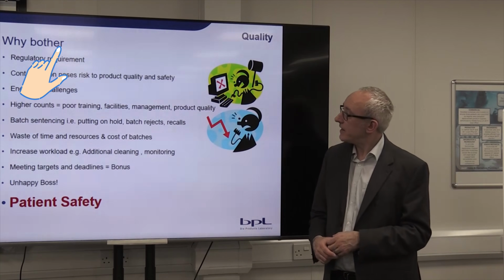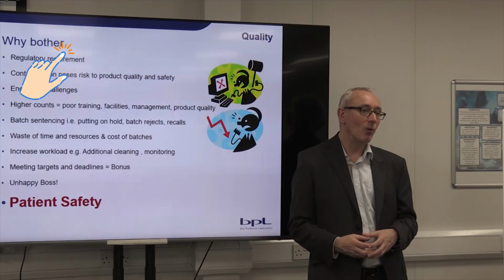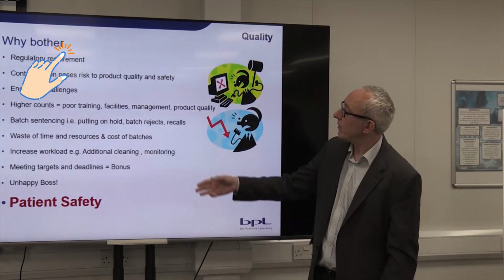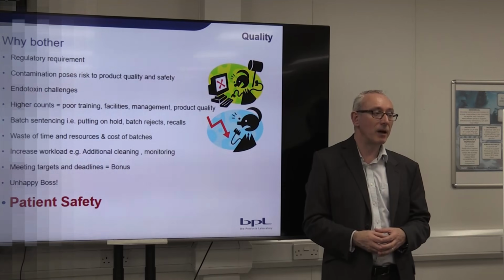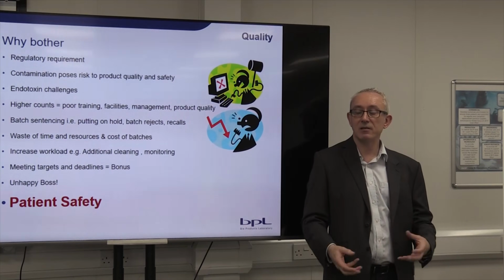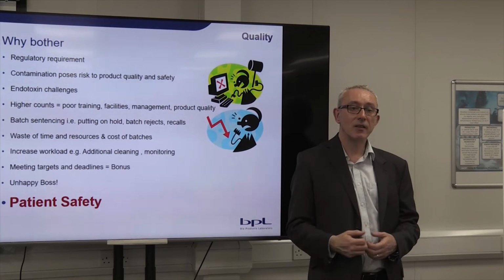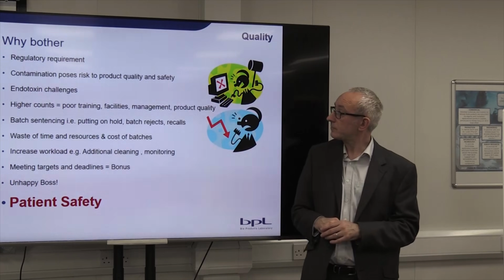Okay, so again, given the number of things that I've mentioned, you might say, well, why are we doing all of this? Well, we're doing it for a number of reasons. One is that we're inspected on a regular basis by medicines inspectors. If the medicines inspectors don't like what they see, then they have the power to suspend operations.